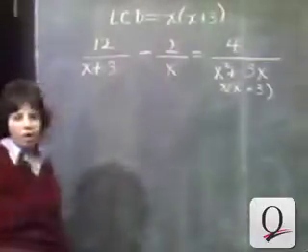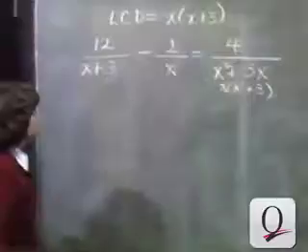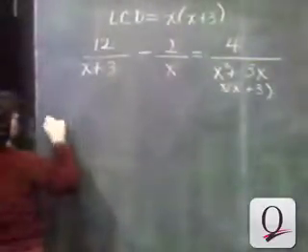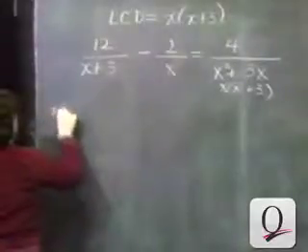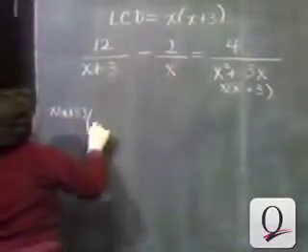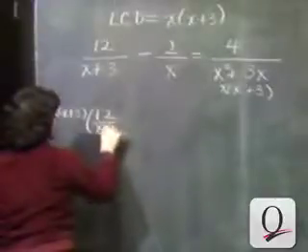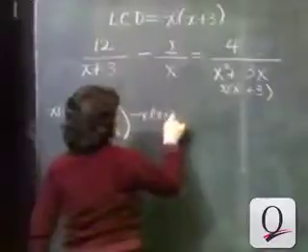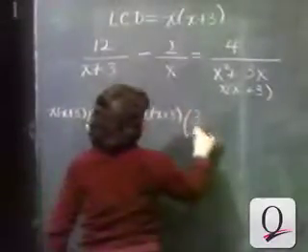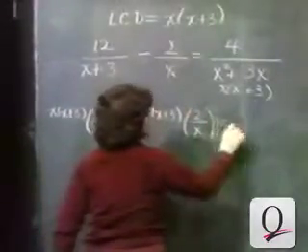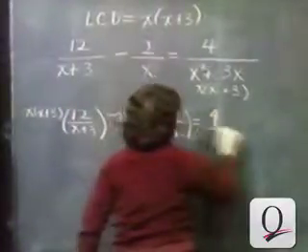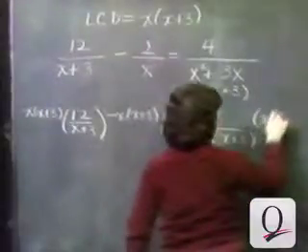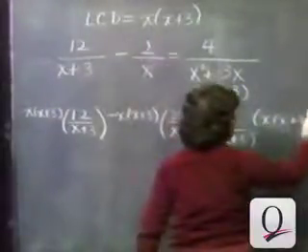We now multiply both sides of this equation through by x times x plus 3. We can multiply each term by x times x plus 3: x times x plus 3 times 12 over x plus 3, take away x times x plus 3 times 2 over x, equals 4 over x times x plus 3 times x plus 3.